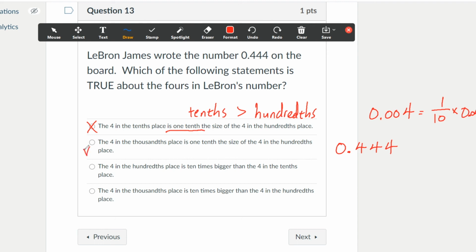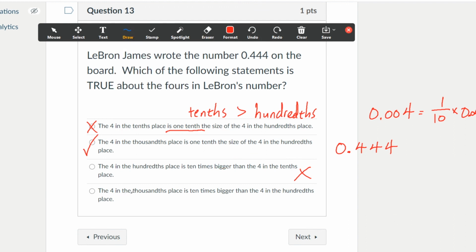And this is actually a true statement. Let's check all our other statements just in case. The 4 in the hundredths place is 10 times bigger than the 4 in the tenths place. And we know that's not true because the 4 in the hundredths place is 10 times smaller. So we know this statement is false.